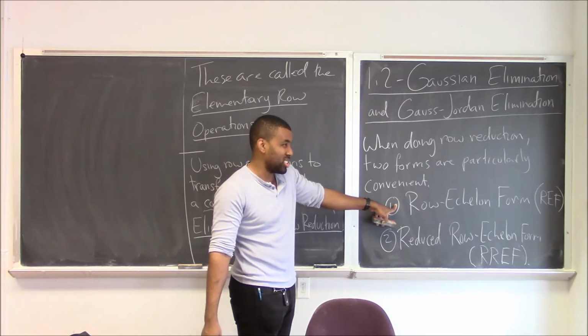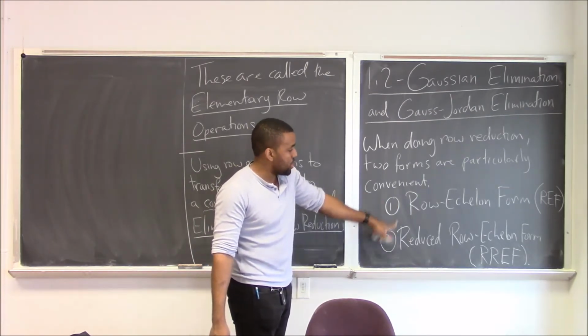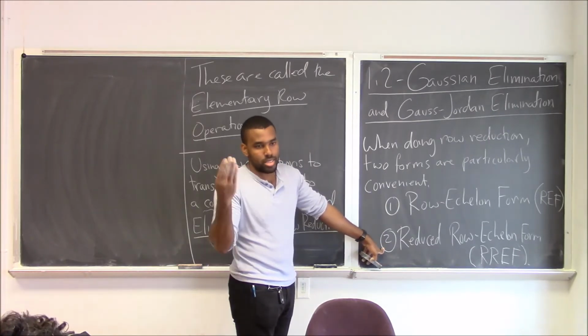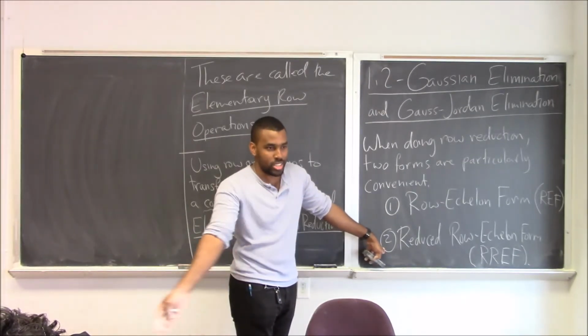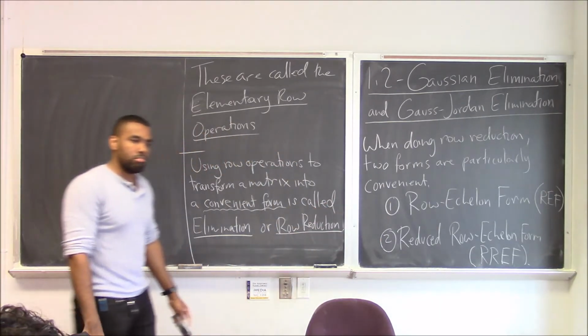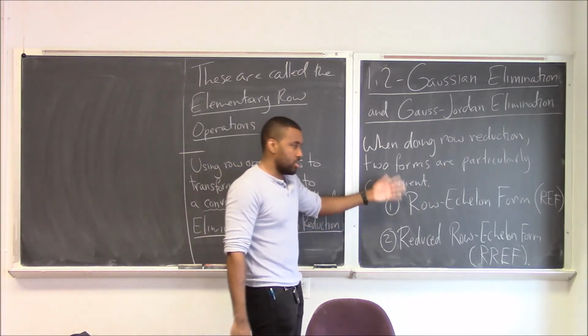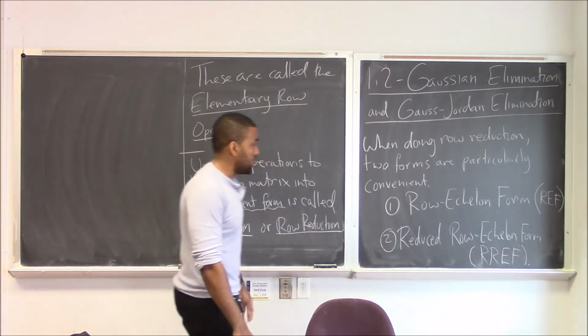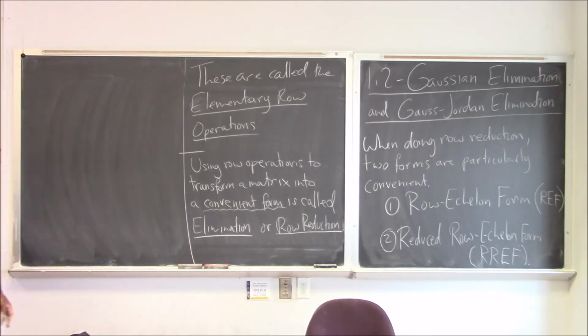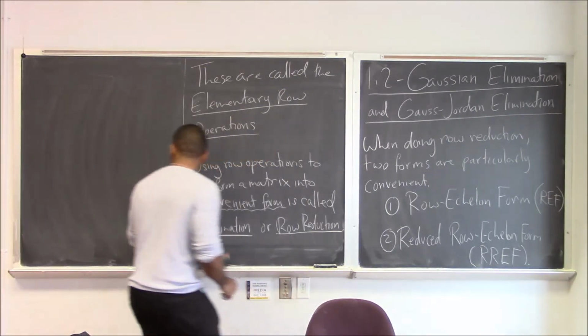If you actually went through with the substitution, you'd eventually get the correct answer. So there are times when I might request this way, but that's just because it's easier to grade if I know everyone should get to this point as opposed to that way. But in general, one isn't inherently better than the other. For most things that we'll be doing, either form will be convenient, but there are two main forms.